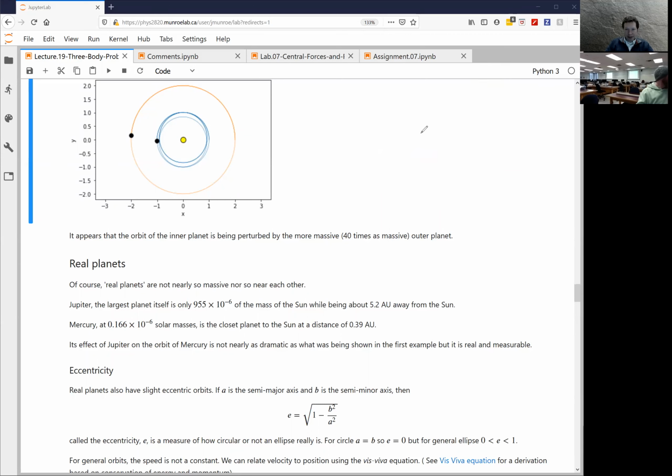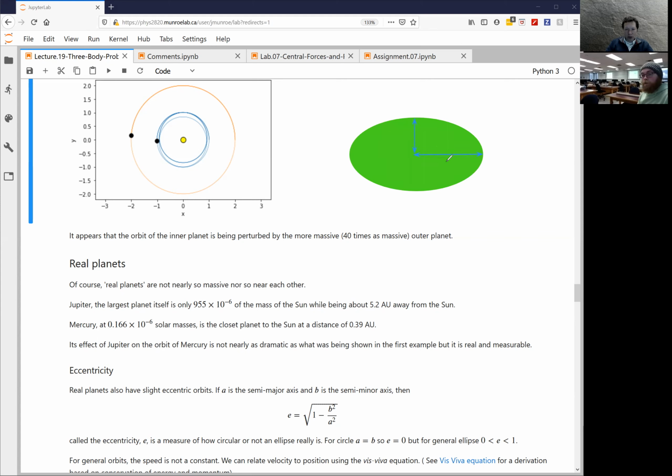To talk about these elliptical orbits, here's a nice ellipse for us to work with. We typically talk about two numbers to describe an ellipse. We talk about this first thing, which is called the semi-major axis, and the second thing, which is the semi-minor axis.